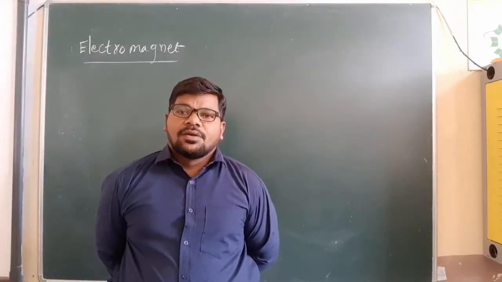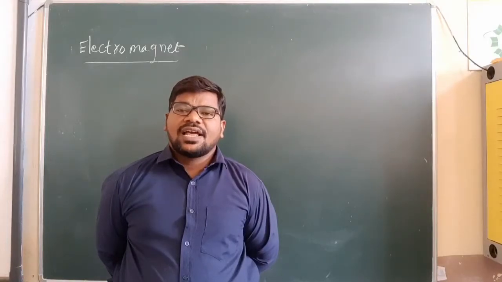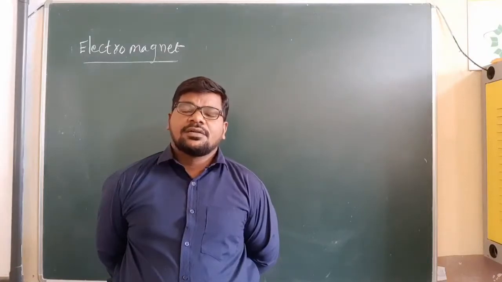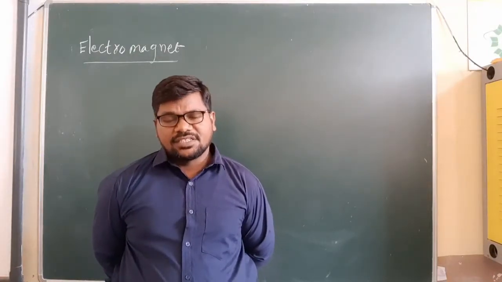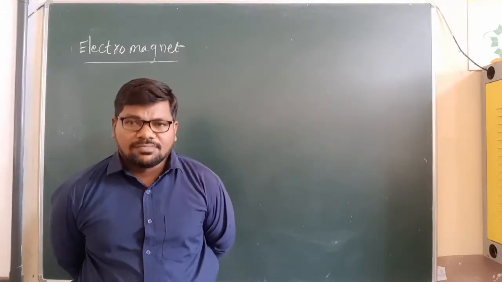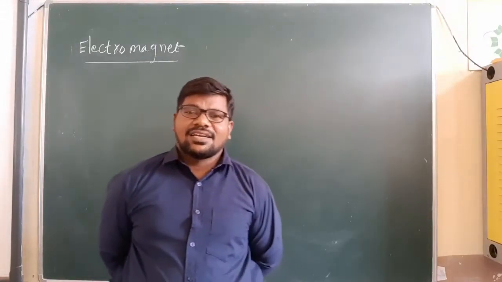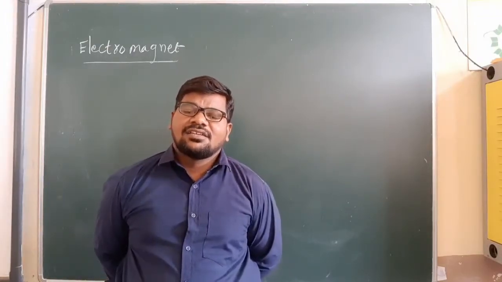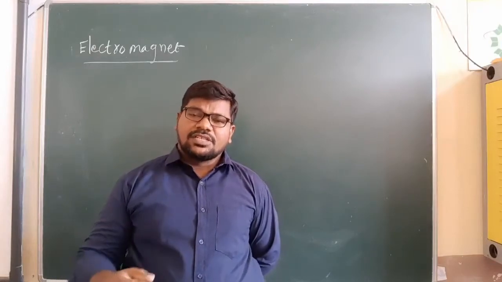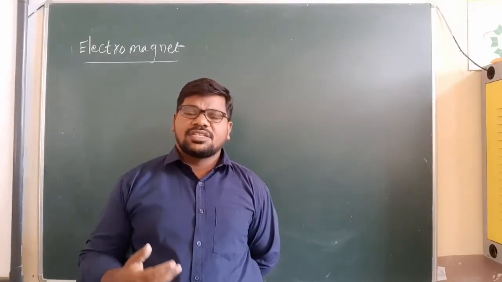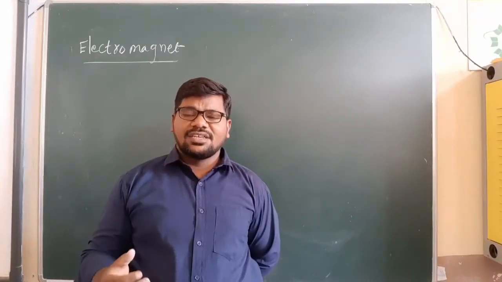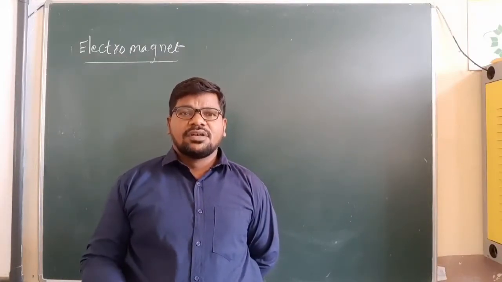If we don't have any magnet, we have to produce a magnetic field. When a soft iron rod is placed inside the solenoid, we get a strong magnetic field by sending current through it. When current passes through the solenoid, it produces a magnetic field linked with the soft iron, and the soft iron becomes a magnet.